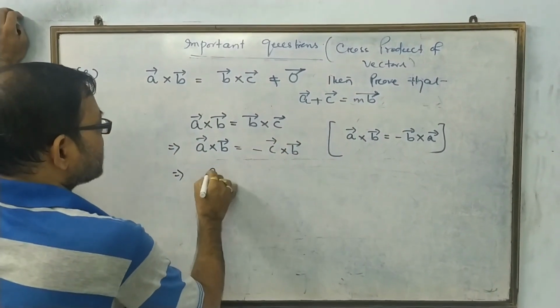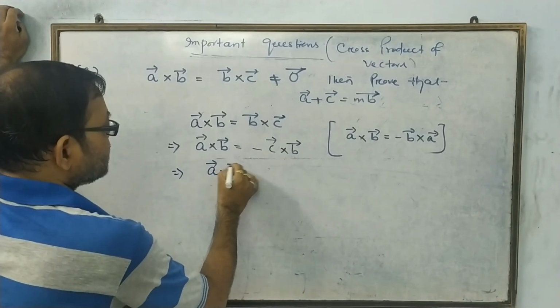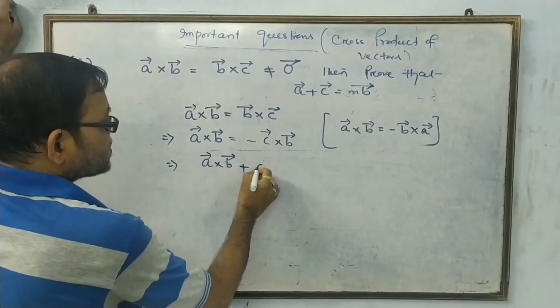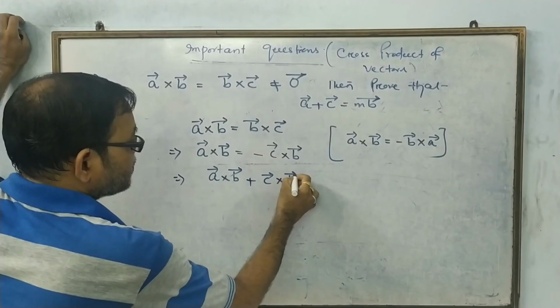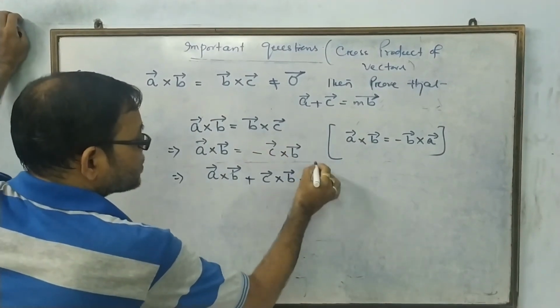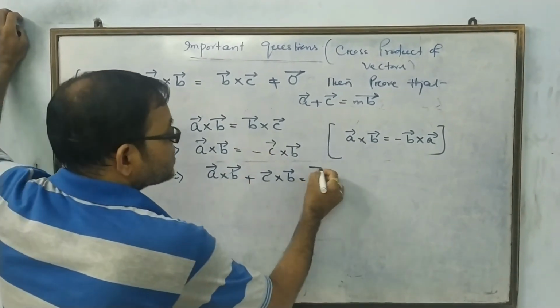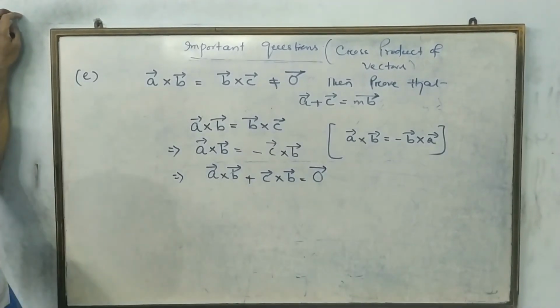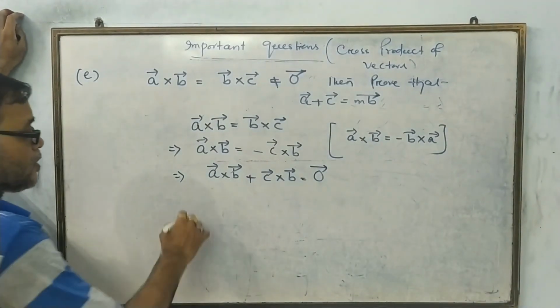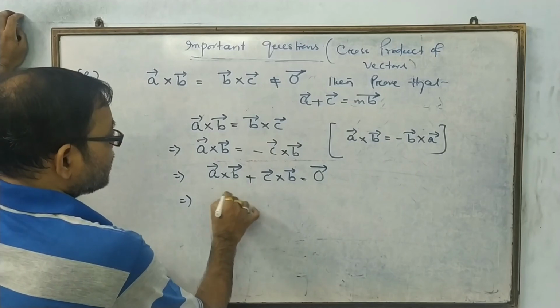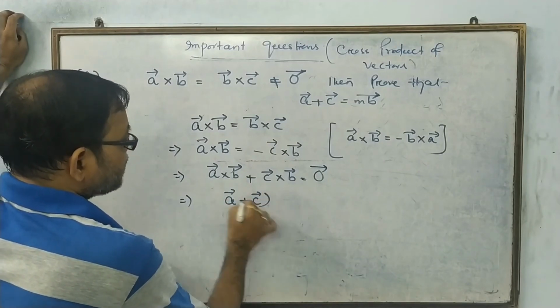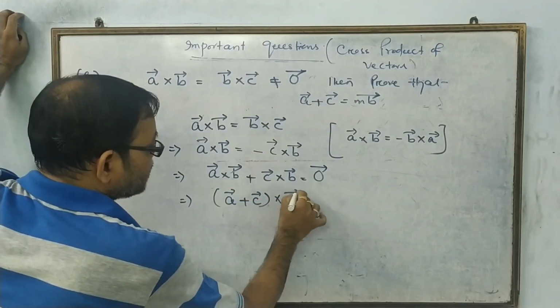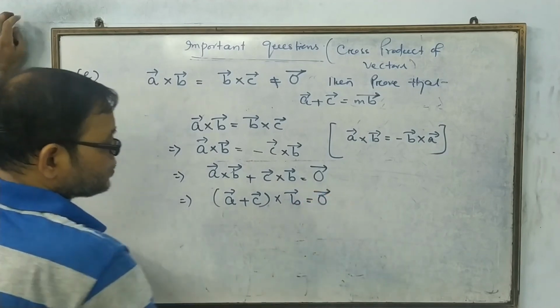This implies a cross b plus c cross b, transpose this one, is 0. Then you are getting a plus c cross b is equal to 0.